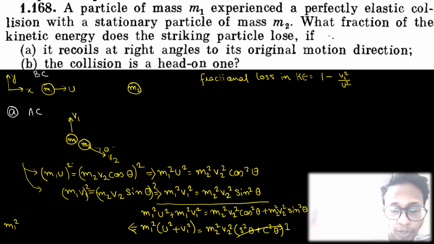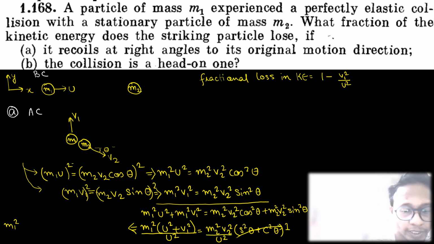What do I need to find out? I need to find the ratio of v1 square by u square. So let me simplify here. Dividing the left hand side by u square and the right hand side by u square, I am trying to obtain a parameter in this form, so it is easier for us.